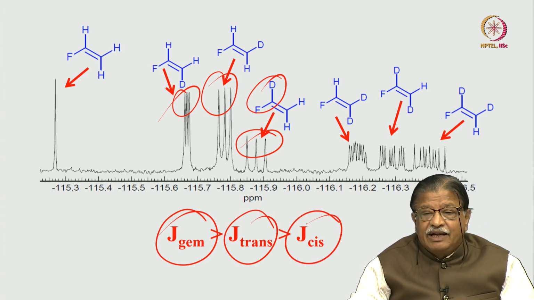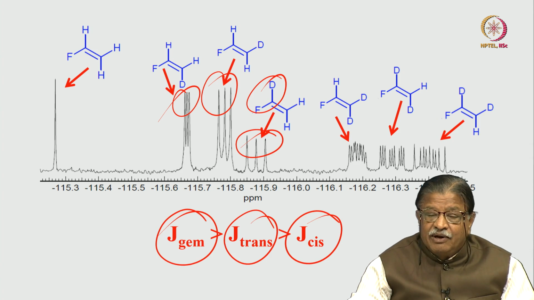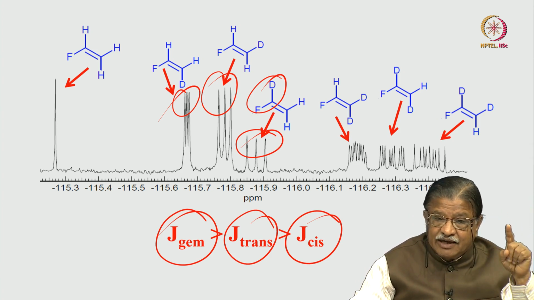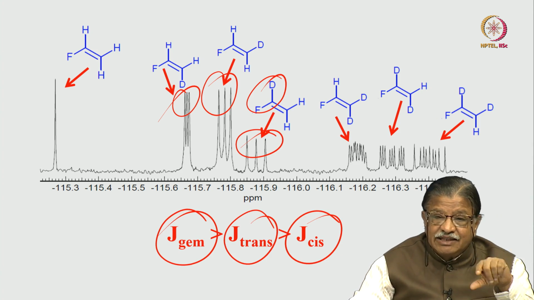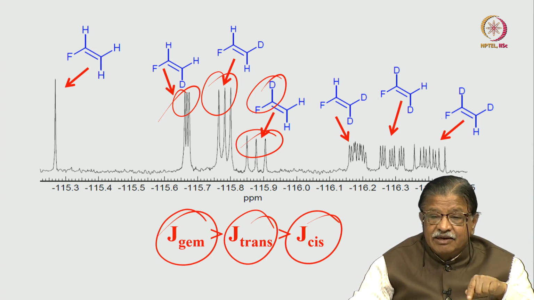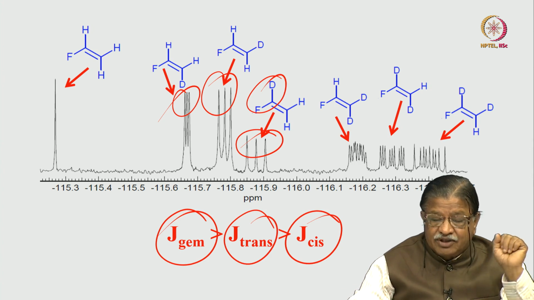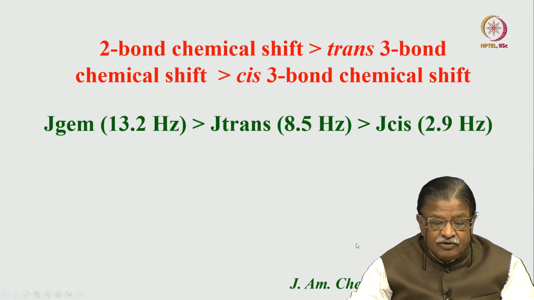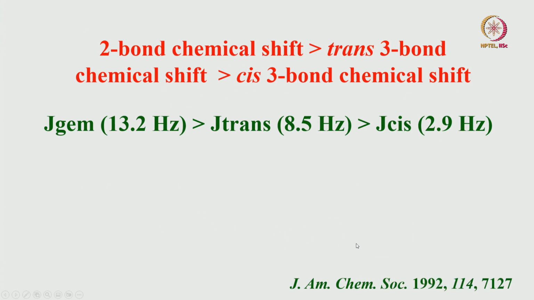You know, it is a completely reverse phenomenon compared to what we observe in protons. In protons we saw trans coupling is larger, then cis coupling, then geminal coupling. But here you see geminal coupling with fluorine and deuterium is larger than trans, than cis. This is the phenomenon. And so the 2 bond chemical shift also is larger than that of the trans 3 bond chemical shift.